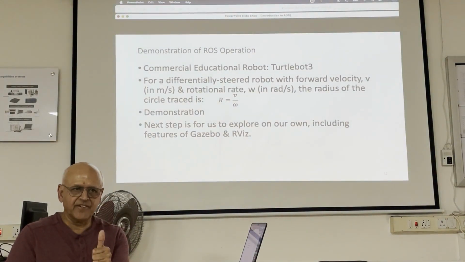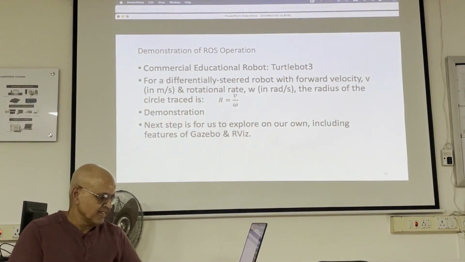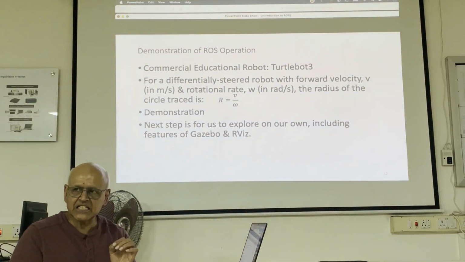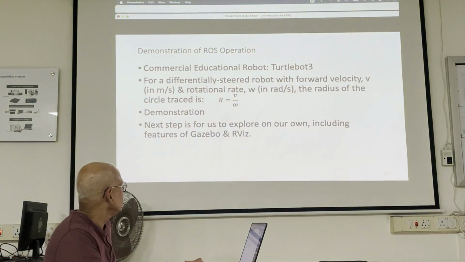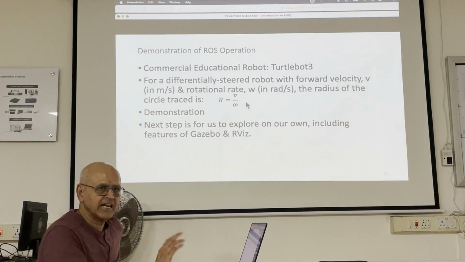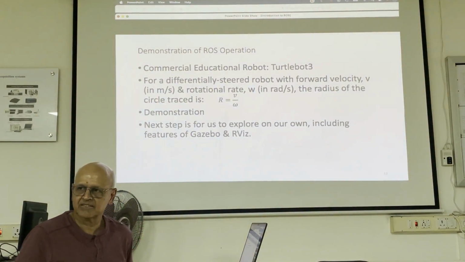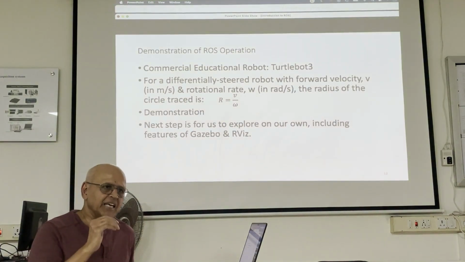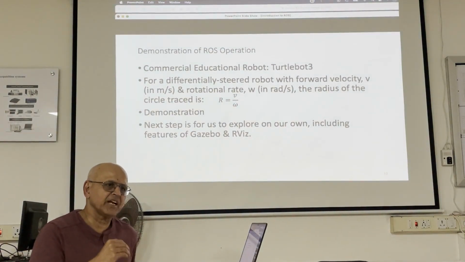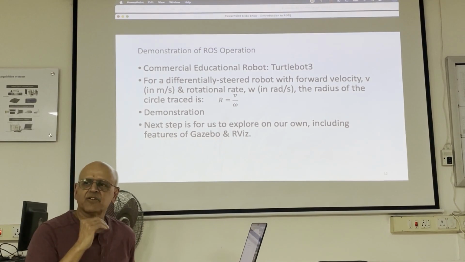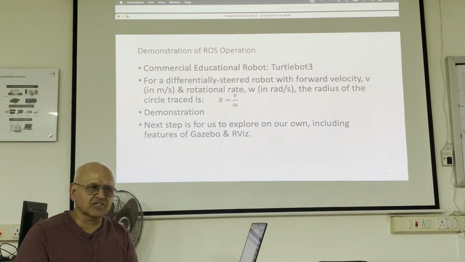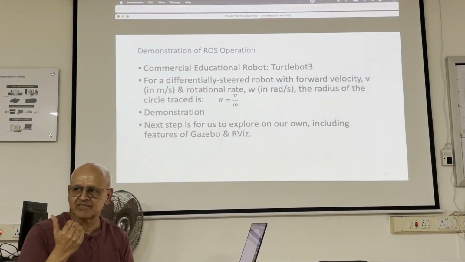So if you keep V fixed and omega fixed, then it will be on a circle of radius V divided by omega. So that theory you can accept now. We're going to prove it in a couple of days. V by omega in meters. So V is in meters per second, omega is in radians per second. So R will be in meters. That is the radius of the circle. So if you don't change V and omega, it will be on that circle forever.